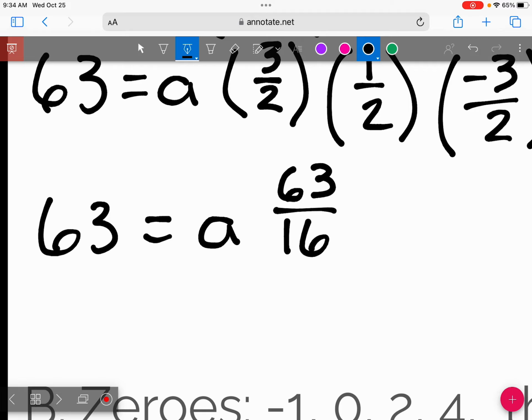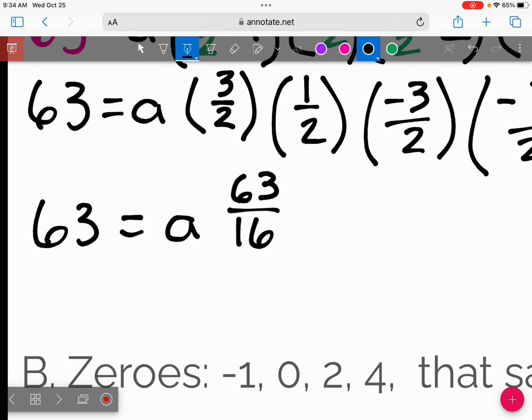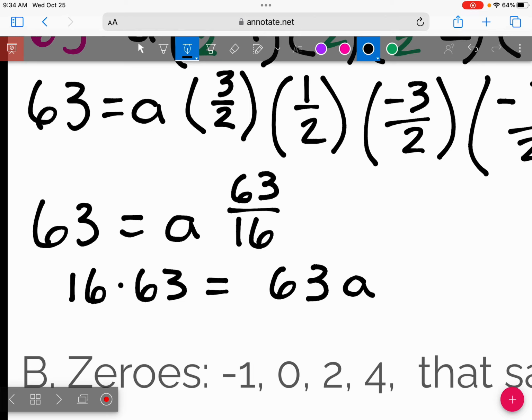Multiply both sides by 16, and divide by 63, right? So 16 is the a, positive 16.